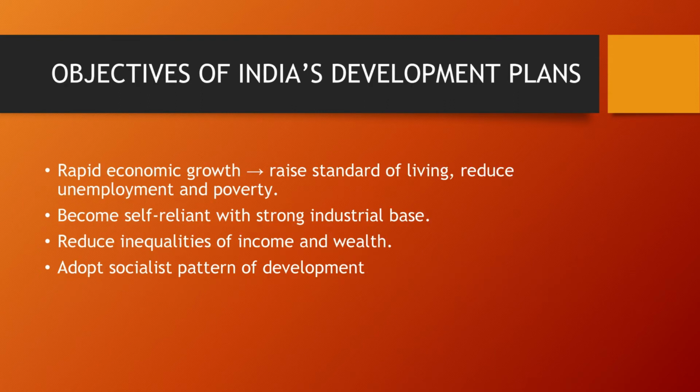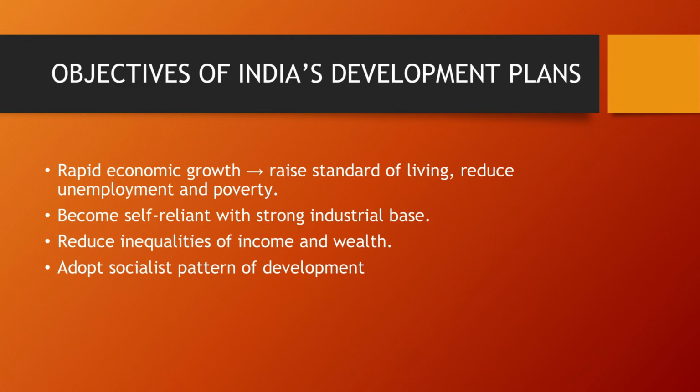Like I said, at this stage, a lot of development plans were framed for the quick development of India. The objective of these plans was to initiate rapid economic growth so that the entire standard of living of people could be brought up, and somewhere reduce the unemployment and poverty.